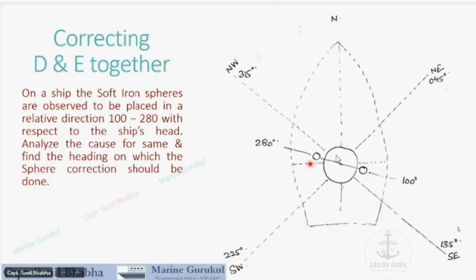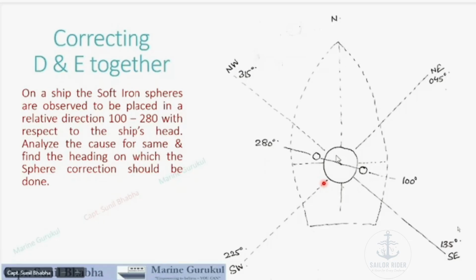Now that happens when the ship only has coefficient delta. If coefficient eco is present, the spheres will be placed either northwest southeast or northeast southwest of the compass. We are aware that when both the coefficients are present, that is delta and eco, that is the case when the spheres are slewed at a particular angle, and that is the situation here.